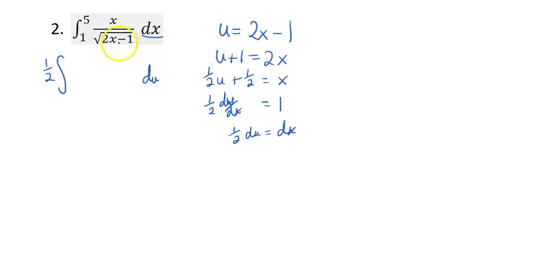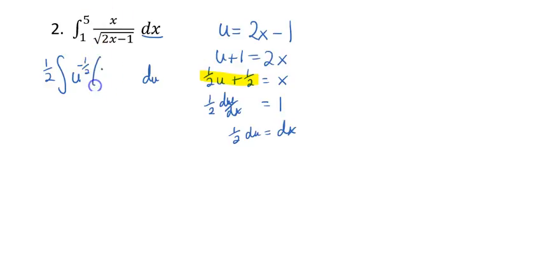And then I chose my u as this bottom part that was underneath of the square root. And again, it was on the bottom of the fraction. So that's technically a u to the negative 1/2. And then I still have this x that I haven't accounted for, so I have to come over here and remember that x is equal to this 1/2 u plus 1/2.